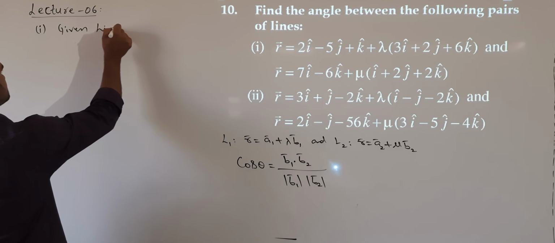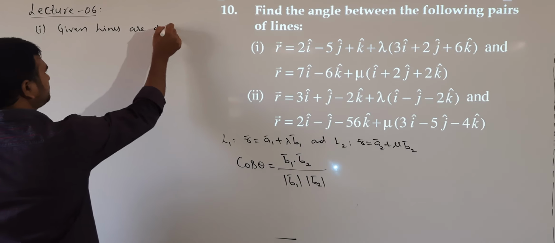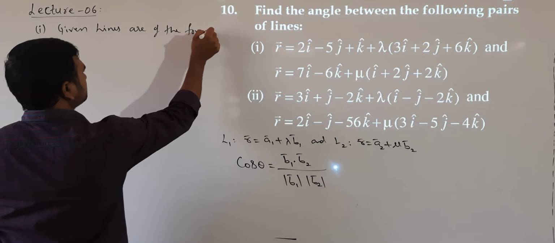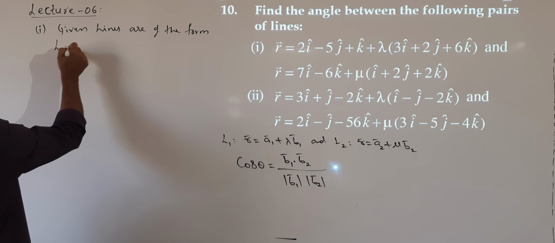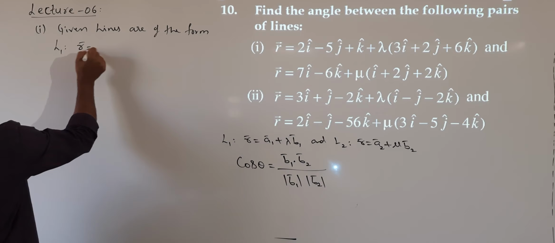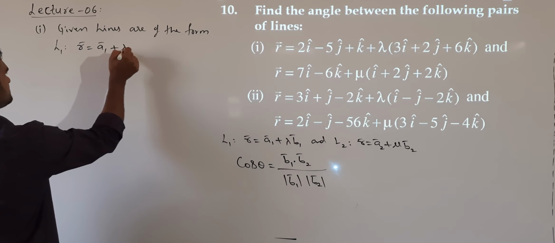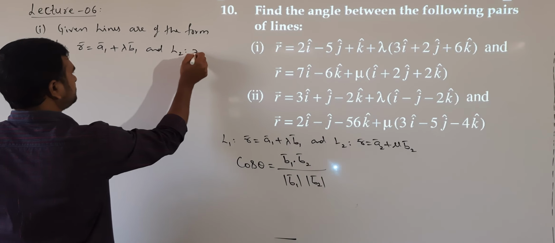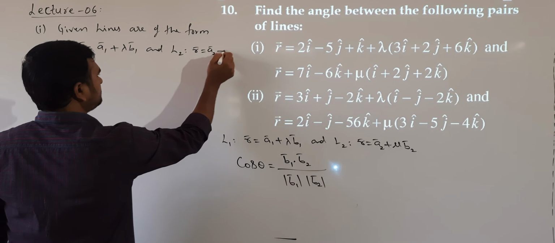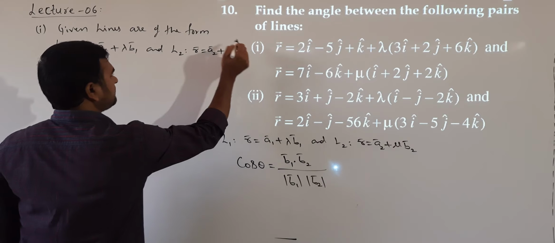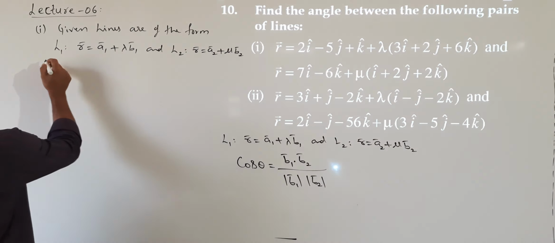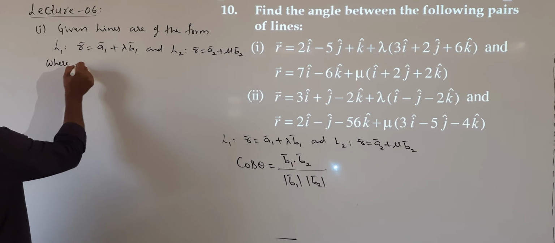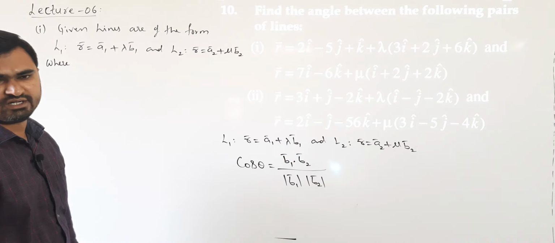Given lines are of the form L1: r bar equal to a1 bar plus lambda b1 bar and L2: r bar equal to a2 bar plus mu b2 bar, where we don't need a1 bar and a2 bar.